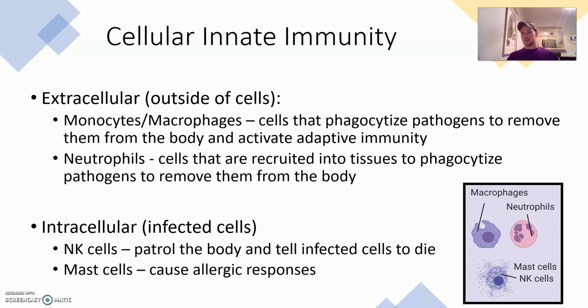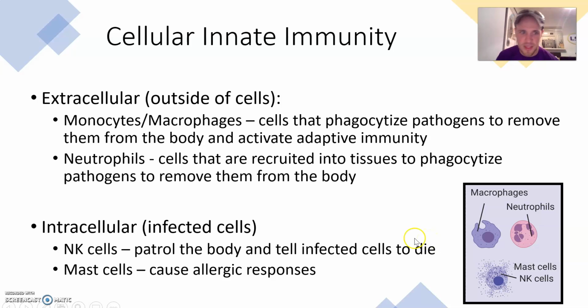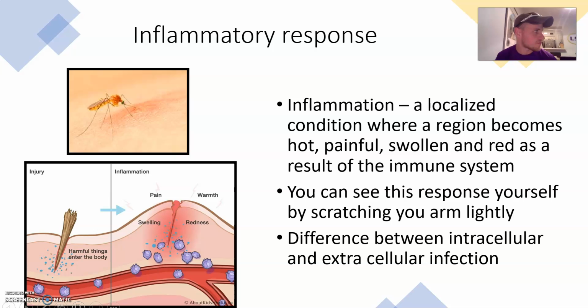Viruses are necessarily intracellular, so if a virus infects a cell, NK cells can patrol the body, scan these little cells, and say, oh, this one's actually infected here. Then the NK cell instructs the infected cell to die, or apoptose. That's kind of how your body deals with intracellular infections.